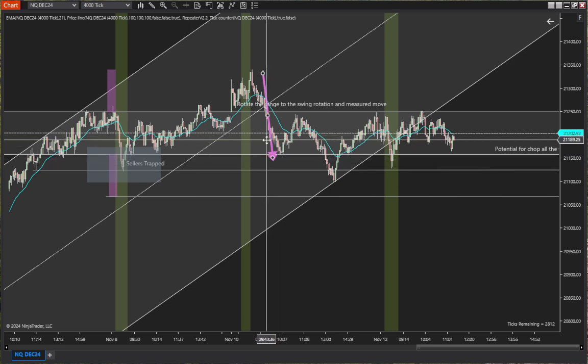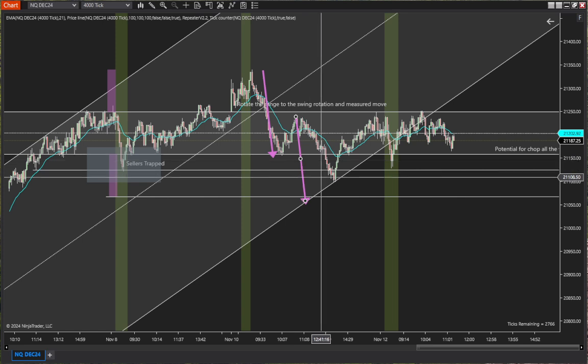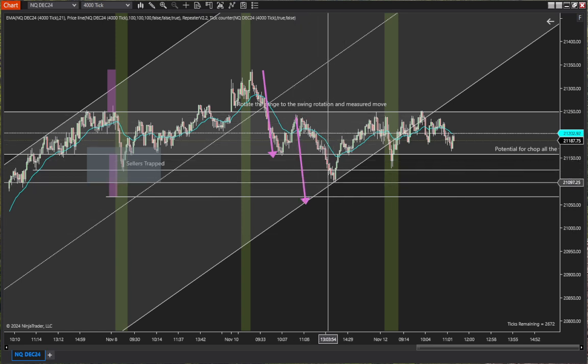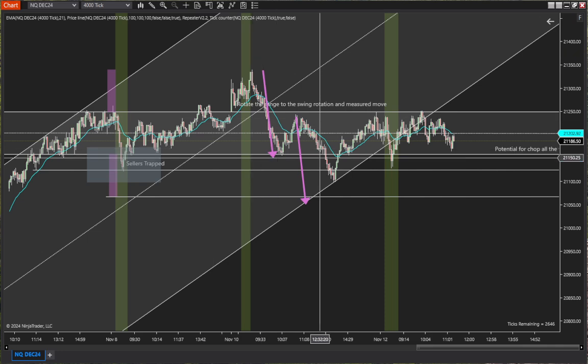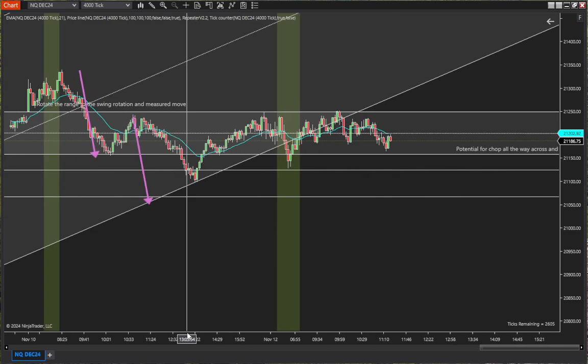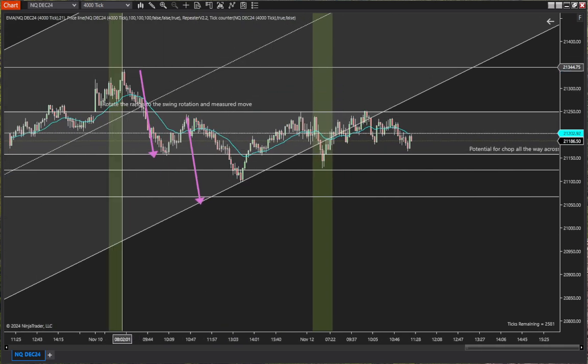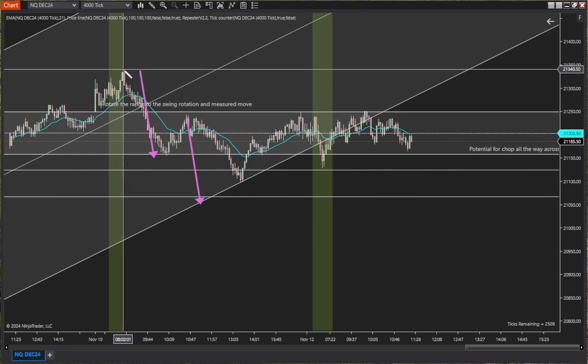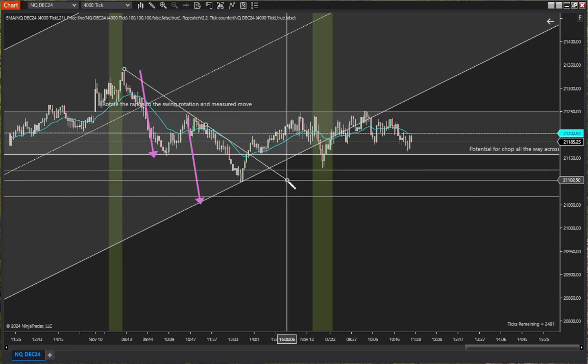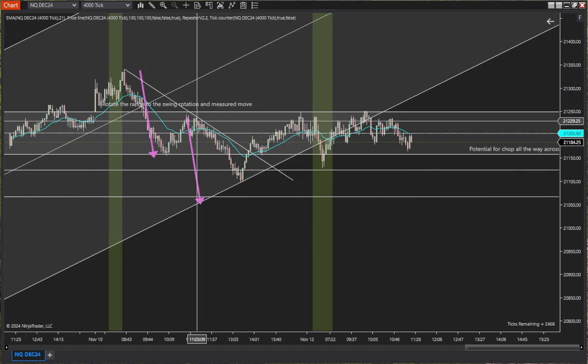So now we have our first pullback, second pullback. We didn't quite make a second pullback, a measured move pullback, but as you can see, it is pretty easy to see, and it's pretty consistent with the way it is.